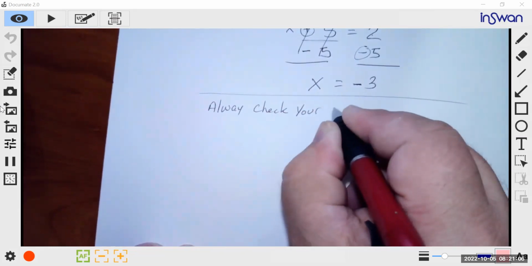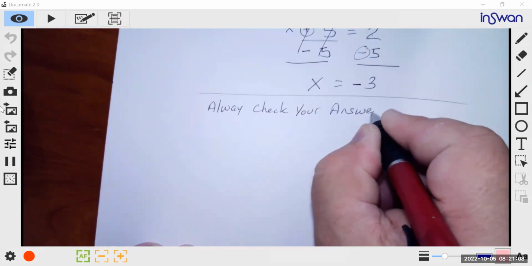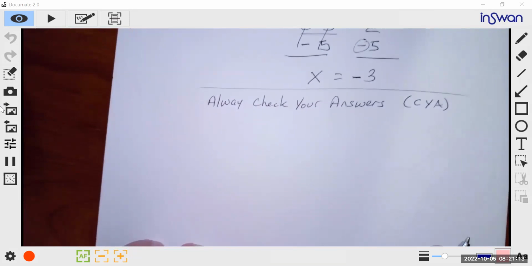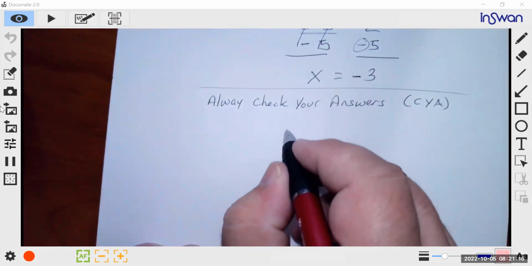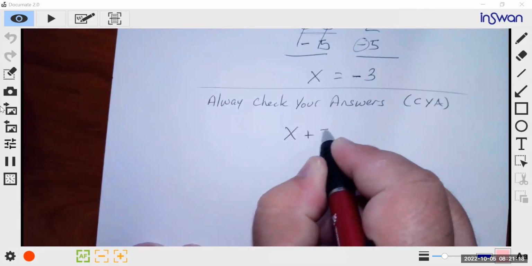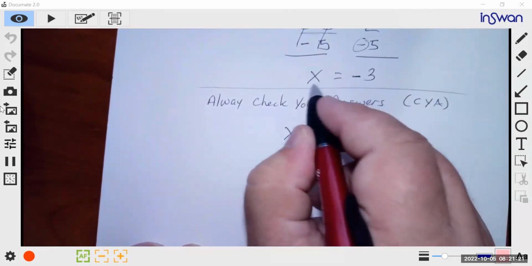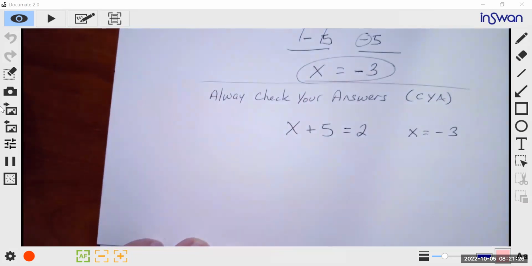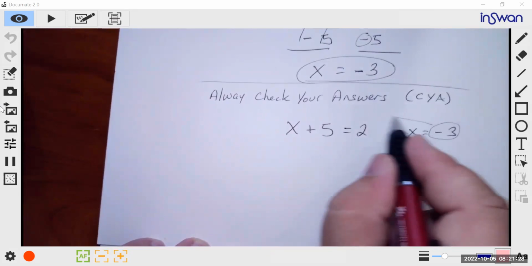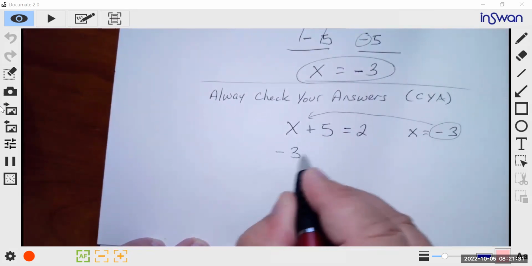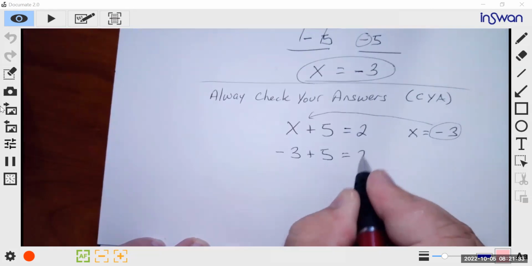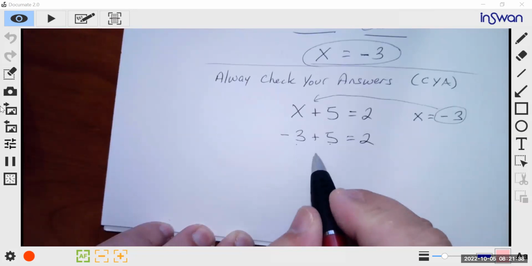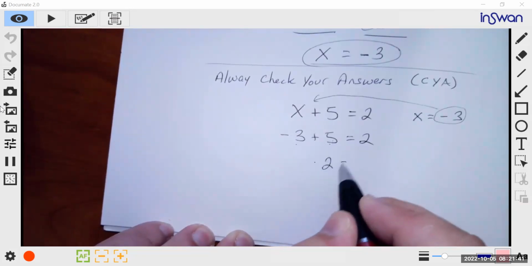Always check your answers. CYA. So my equation was x plus 5 equals 2. I'm saying that x equals negative 3. So plug it in there. Anywhere I see an x, I put a negative 3. 5 is bigger than 3, it's positive. 5 minus 3 is 2.